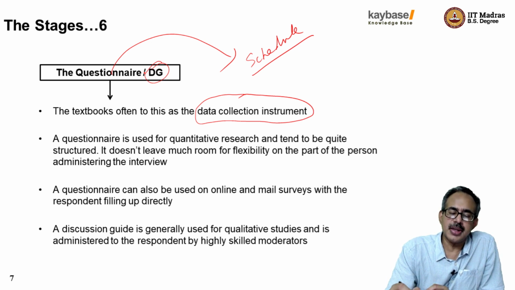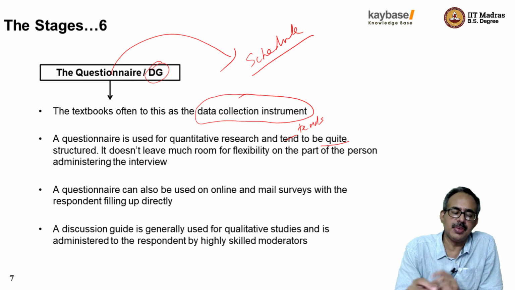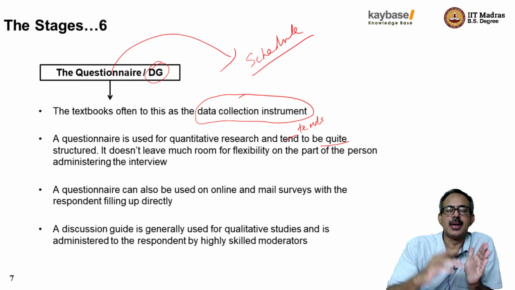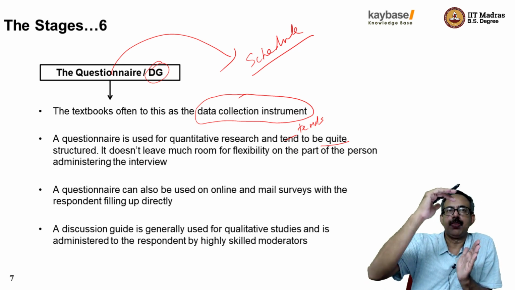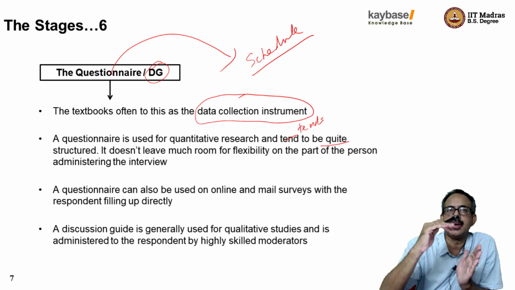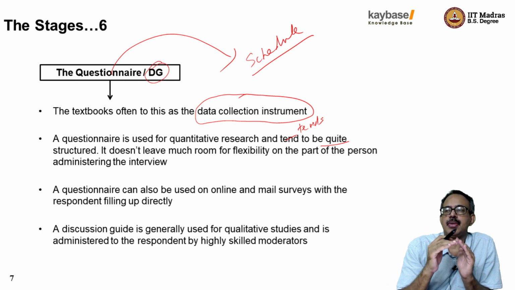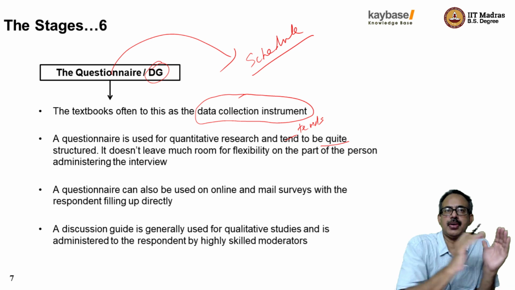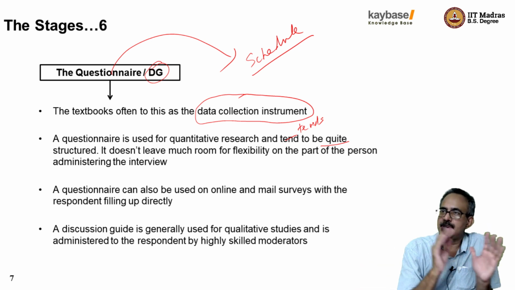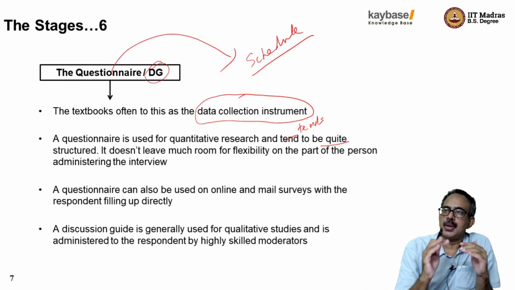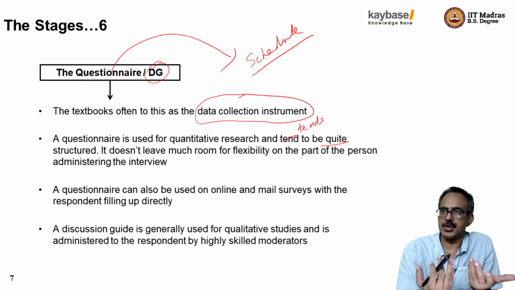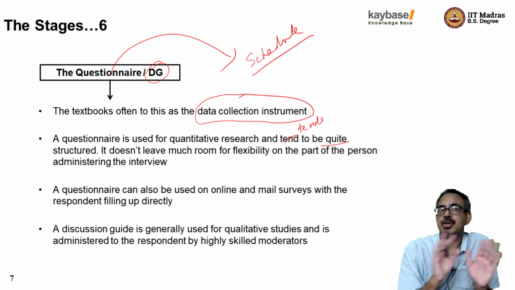So a questionnaire tends to be very structured. Structured as in, after question 1, you must go to question 2, and based on a yes or no answer to question 2, you may go to question 5 or to question 3. All those things are completely laid out. So if somebody, an interviewer, is asking the questions, he or she has no flexibility.